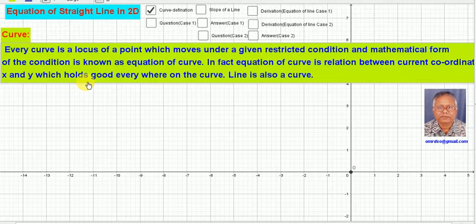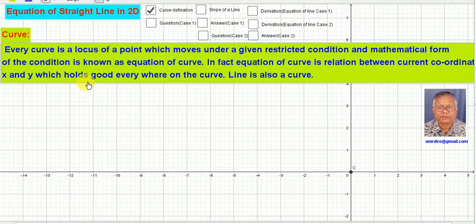In fact, the equation of a curve is nothing but simply a relation between the current coordinates x and y which holds good everywhere on the curve. So in this way you can say a line is also a curve. Alright.